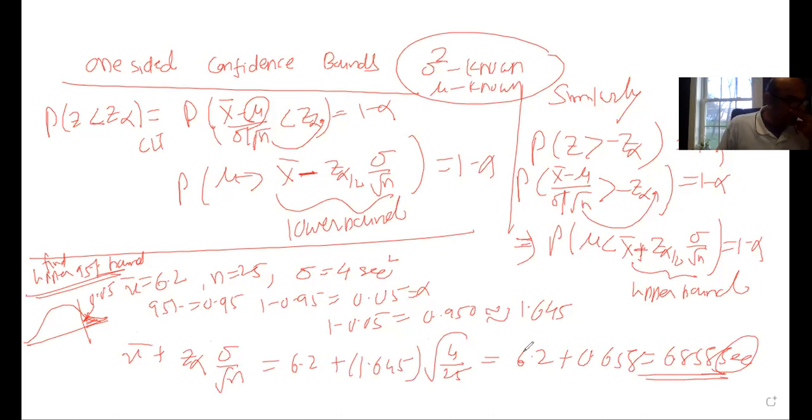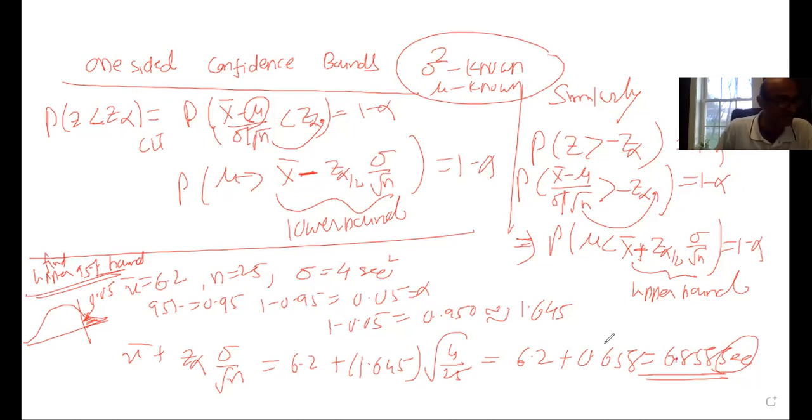So with a 95% confidence interval, that means the mean reaction time is less than 6.858 seconds.